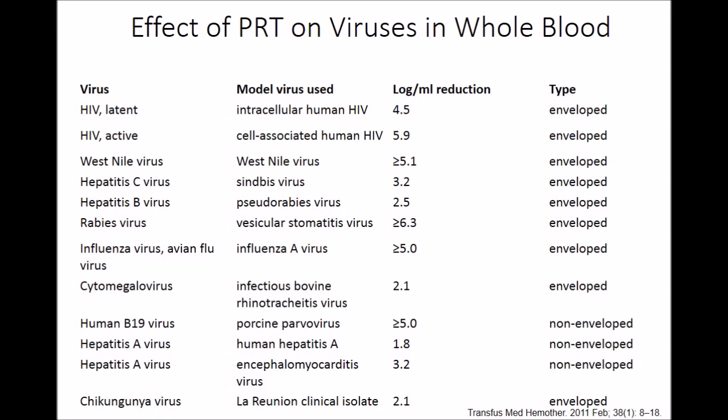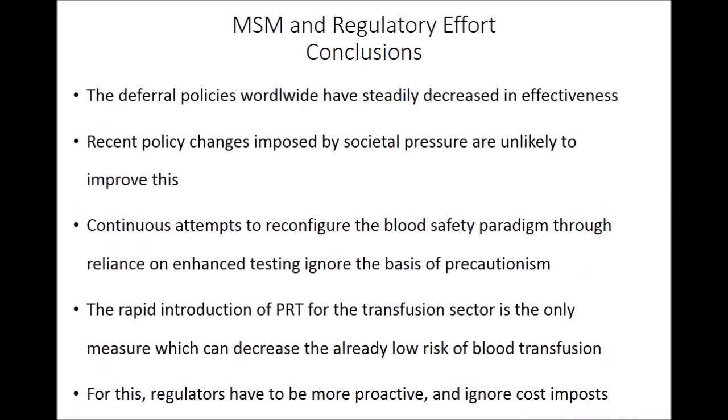And you can see that by introducing pathogen reduction technology on blood for transfusion, we can get, not as high because of certain limitations, but we can certainly get a huge increase in the viral kill. So why isn't this happening? Why isn't there the same sense of urgency in relation to the introduction of this measure and the same amount of emotional energy devoted to this measure that there was for MSM? The reason is very simple. It costs a lot of money.